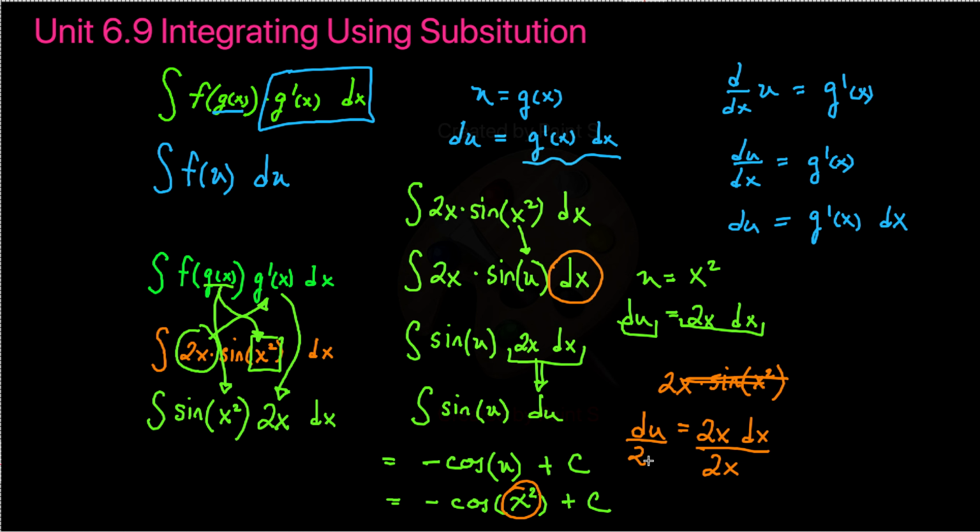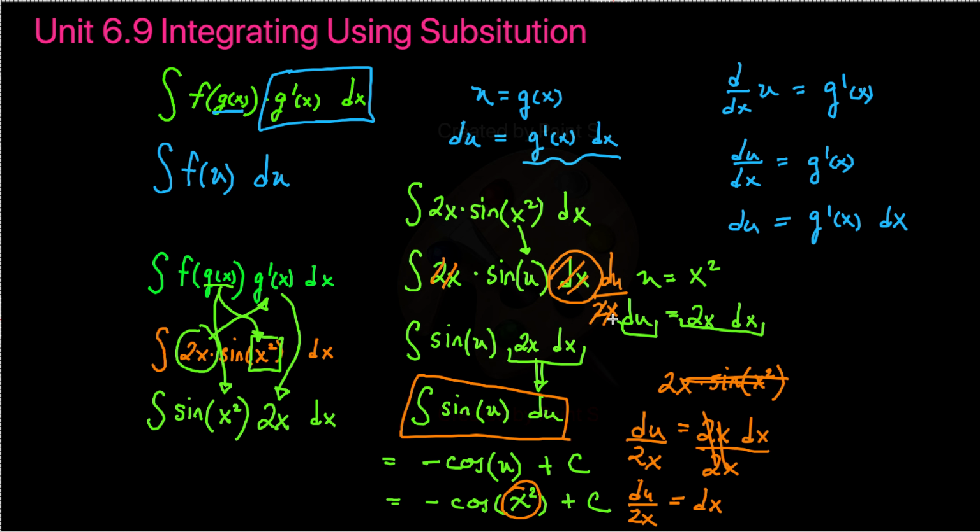So I would have dx as du over 2x. That way, when I plugged in for dx, I could see that this 2x is on the bottom and this one's on the top, and they would cancel out. And I would then wind up with this again.